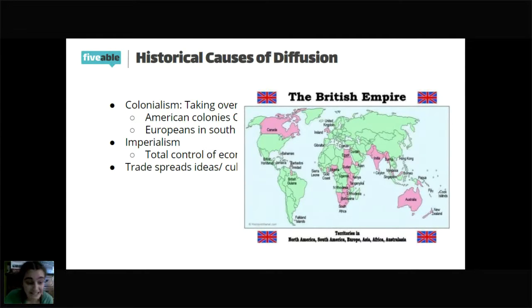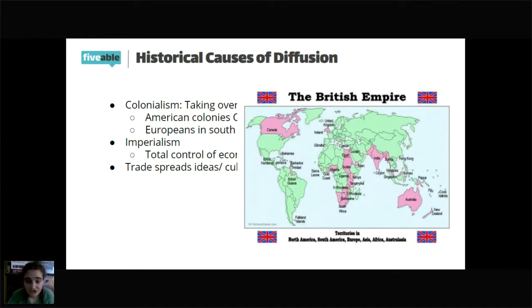The British colonies in India were forced to buy only products from their colonizer, Britain. So this is an example of forced trade, and Indians were forced to introduce these new English products into their society.